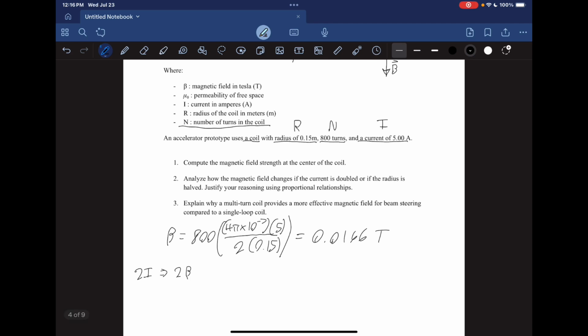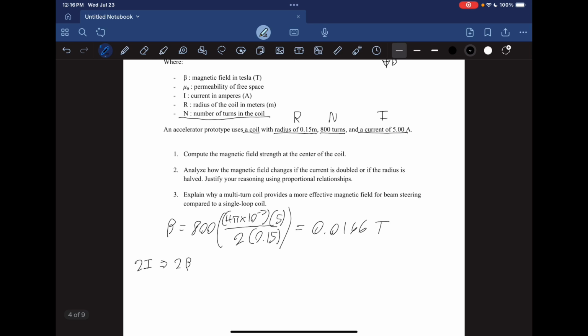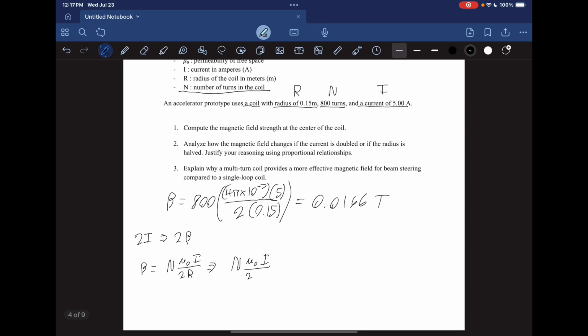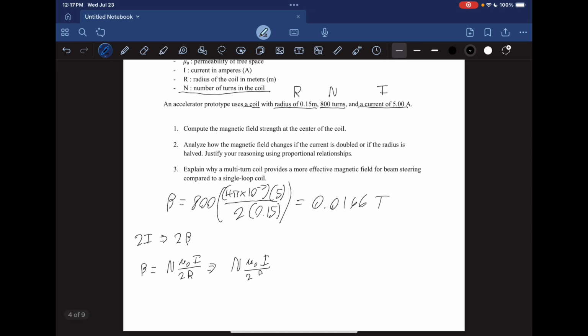So now let's see what happens if we halve the radius. We've got B equals N mu naught I over 2R. This becomes N mu naught I over 2, and then the radius is halved, so this becomes R over 2.